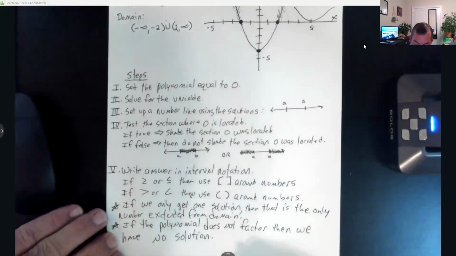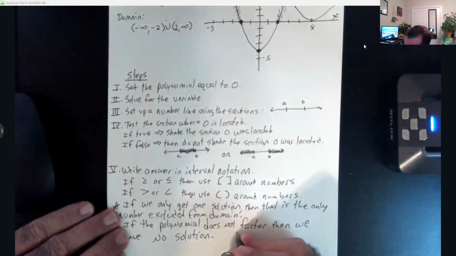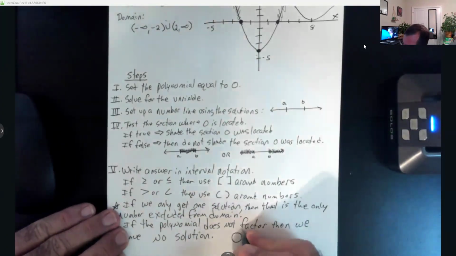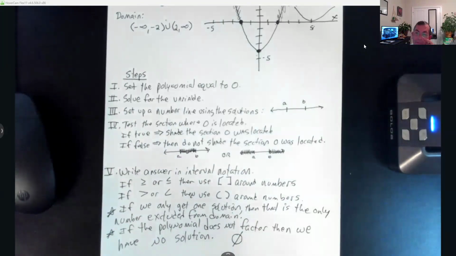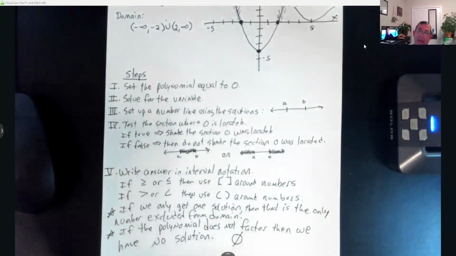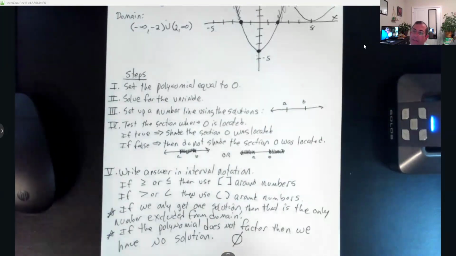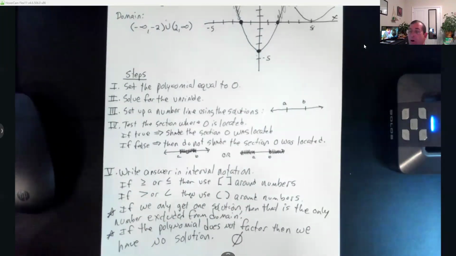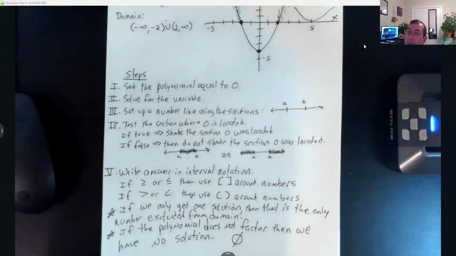Now, y'all in Math Lab, no solution looks like a 0 with a line through it. Okay, so that's their symbol for no solution inside of Math Lab, okay? So these problems are all factorable if you're going to be able to solve them.